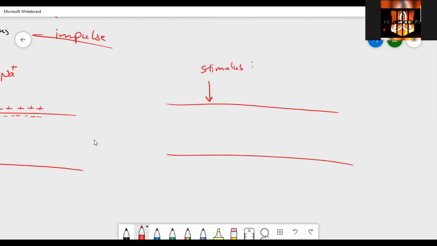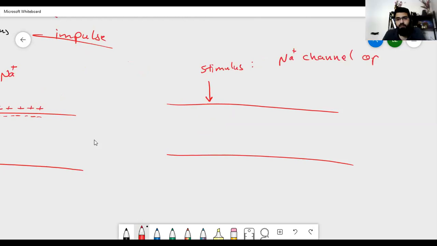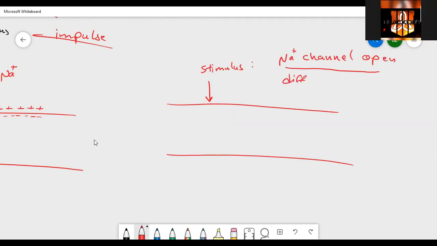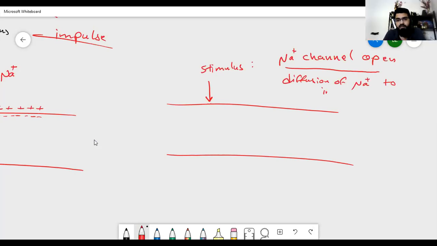The Na plus channel opens in this place. What does this channel do? It allows diffusion of Na plus to inside the cell.